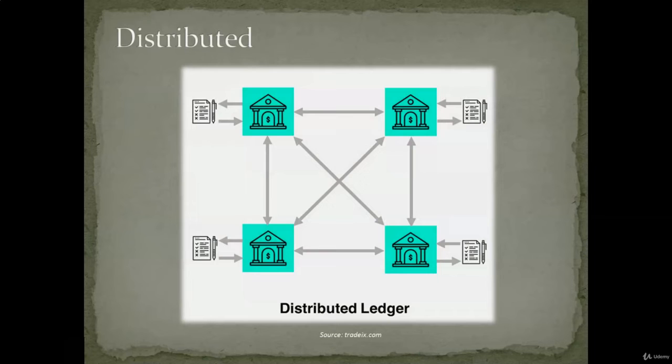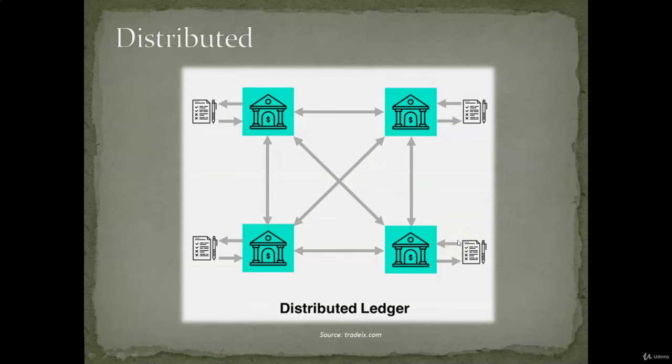So let's take a look at this example. Consider these 4 points as nodes. Every node is connected with each other and maintains a copy of the ledger.